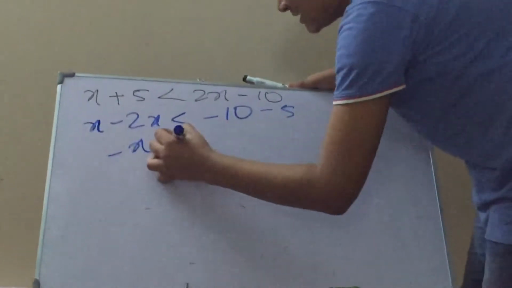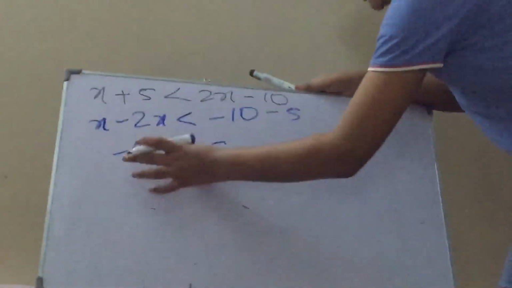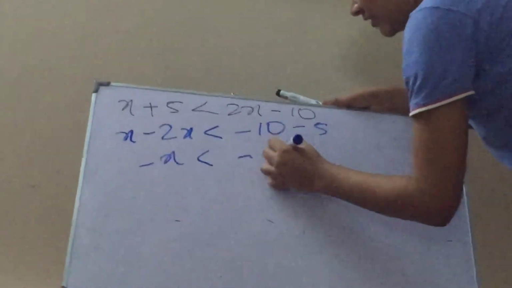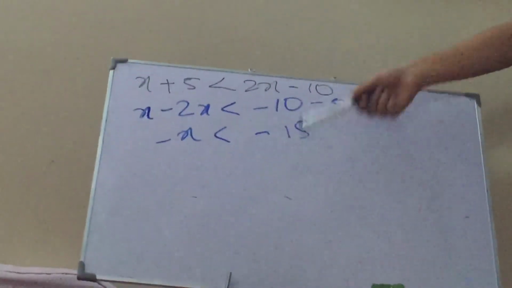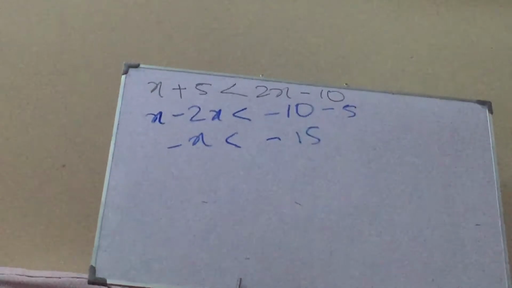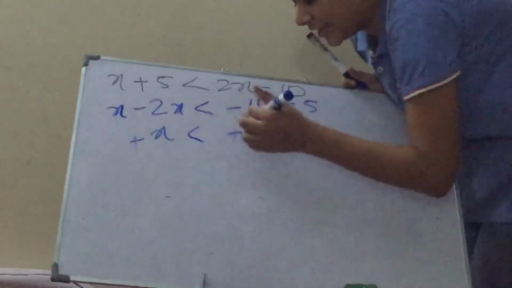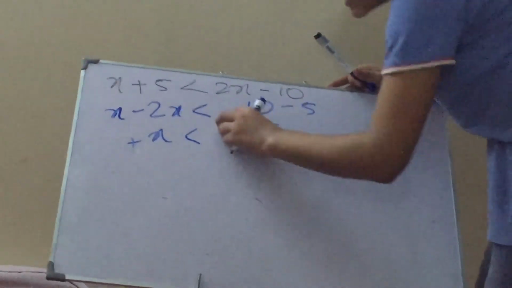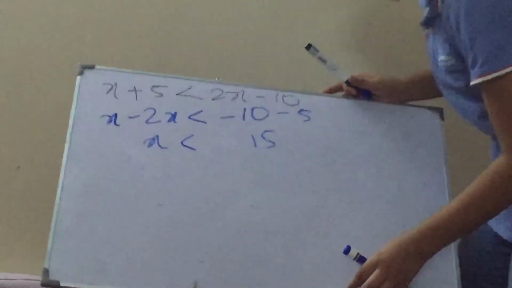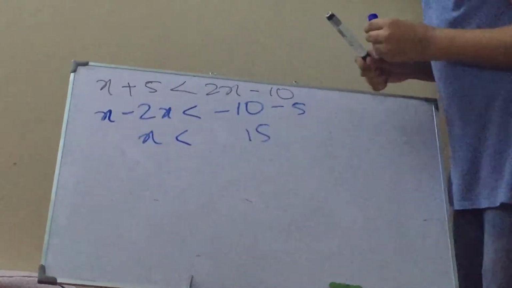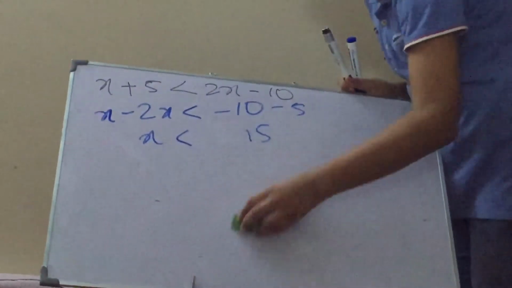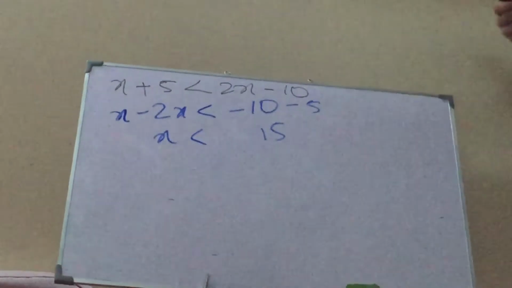So minus x is greater than minus 15. Guys, like I told you in my integers video, when both signs are the same, we would cut both sides, so it became a sign of plus. The x is less than 15. Okay, so let's take the last example, an easy one.